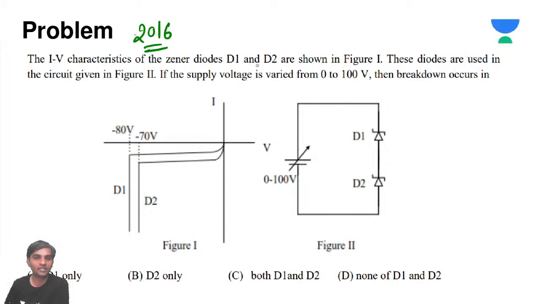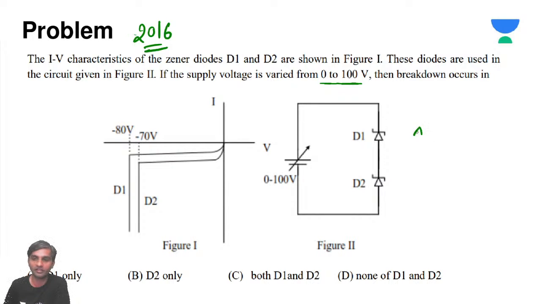So what it is saying, sir, is that diodes D1 and D2 are connected like this, and the input voltage is changed from 0 to 100 volts. In which diodes does the breakdown occur?